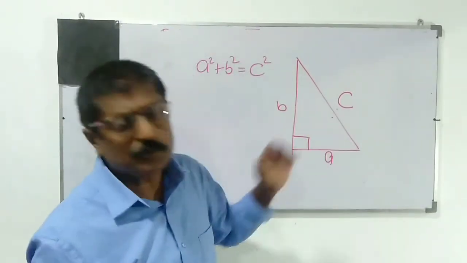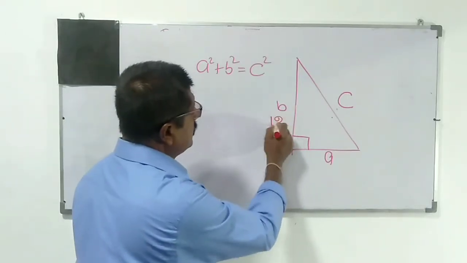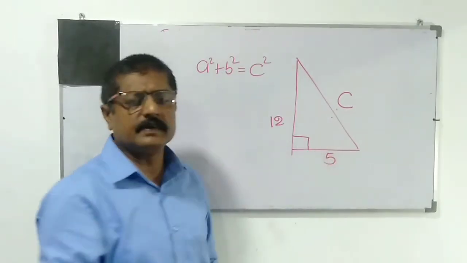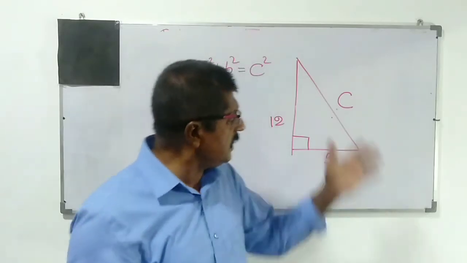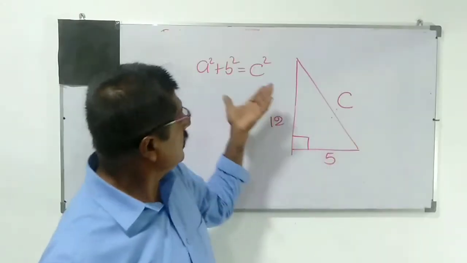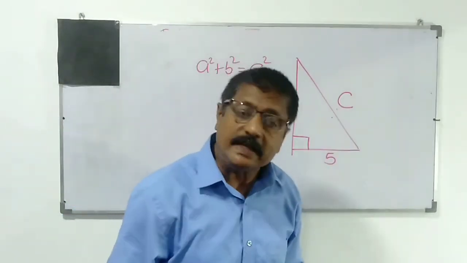Then if we know two sides, this one 12 centimeters, this one 5 centimeters, then we can calculate the length of the hypotenuse. Now let's substitute these values in this formula and get the length of C. Here you are.